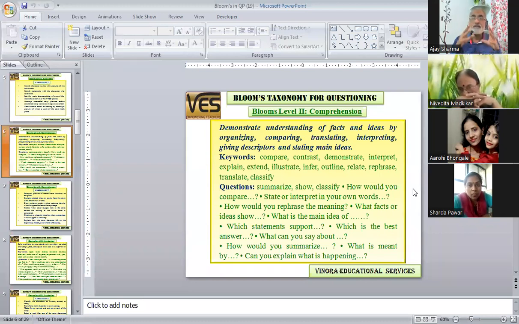They will understand the facts and ideas. And how do they do that? By giving descriptions. So they learn by these techniques: organizing, comparing, translating, interpreting, giving descriptors, or stating the main idea, what exactly it is.